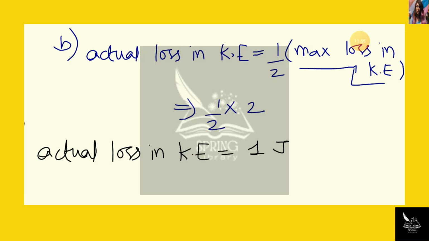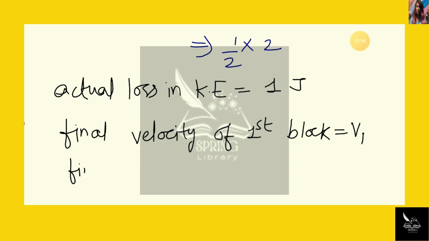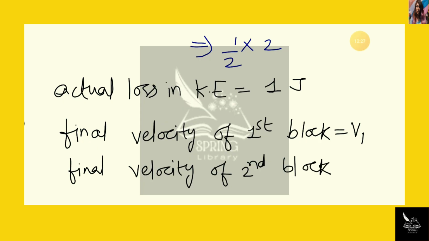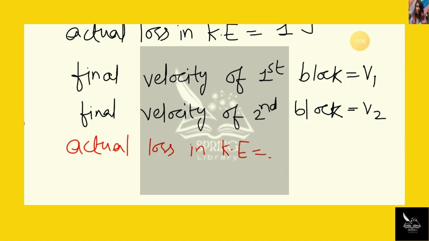Now I can say that if I consider the final velocity of the first block as v1 and the final velocity of the second block as v2, then the actual loss in kinetic energy will be equal to half times m1 v1 square, sorry, half times of, here first I have to write the kinetic energy in the initial condition, so I am writing the values directly.